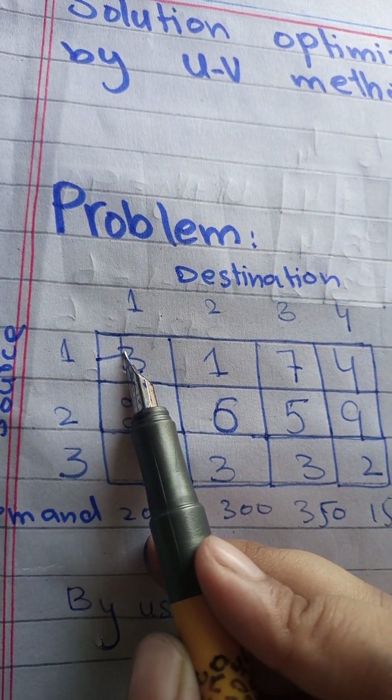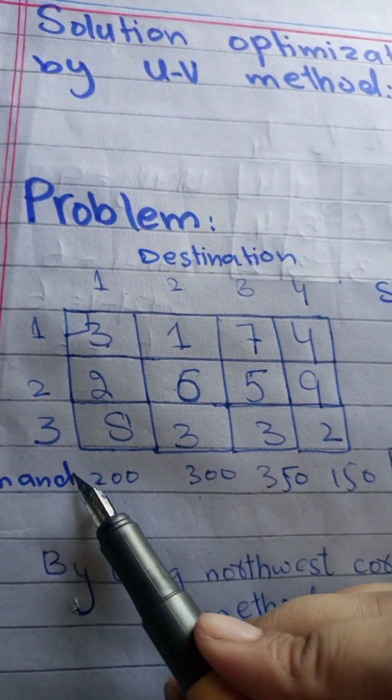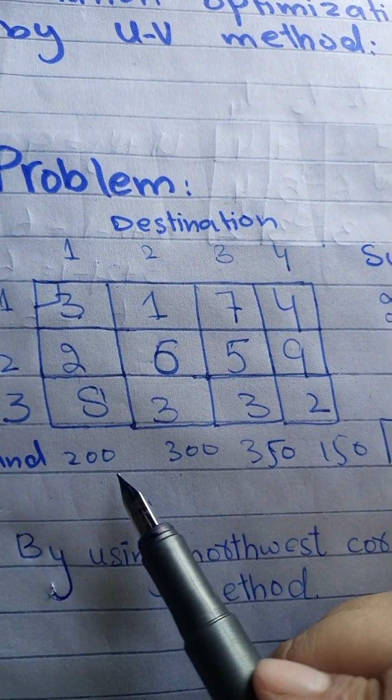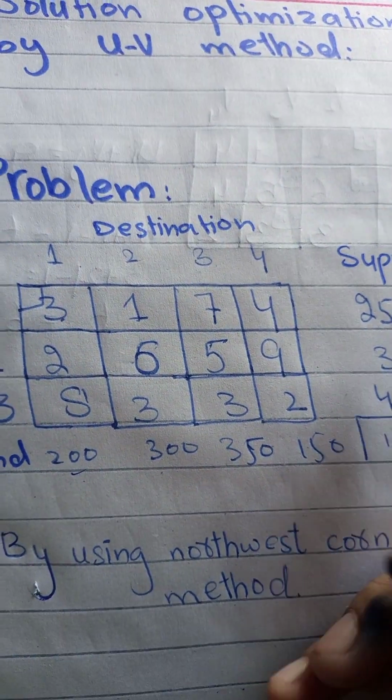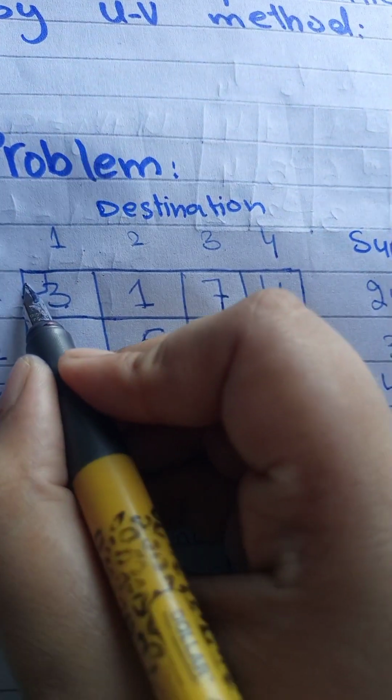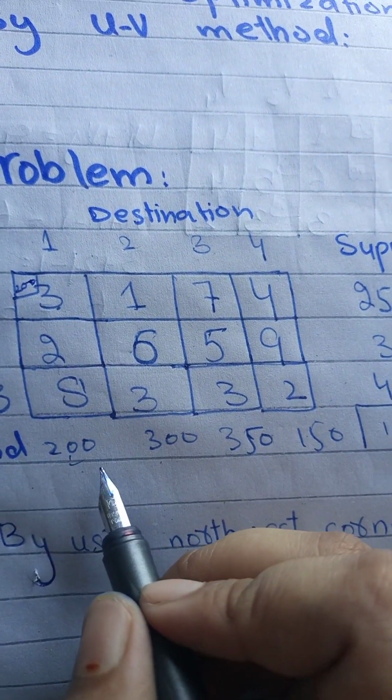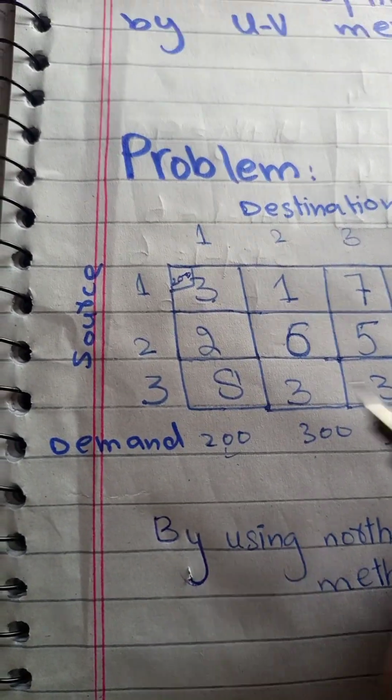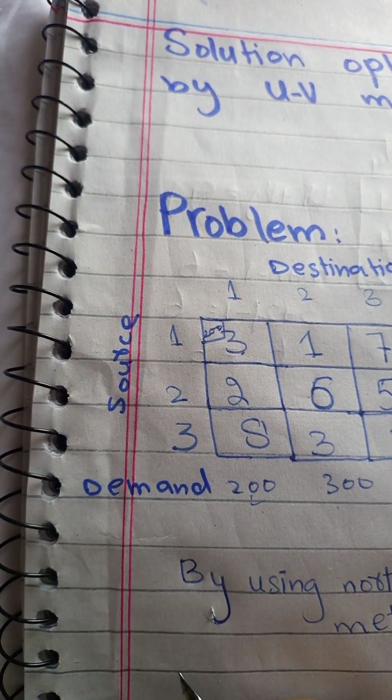With respect to 3, there are supply and demand. We have to choose the least value in supply and demand and allocate there. 200 is the least value, so we will write 200 here.